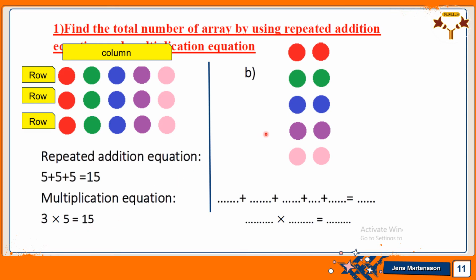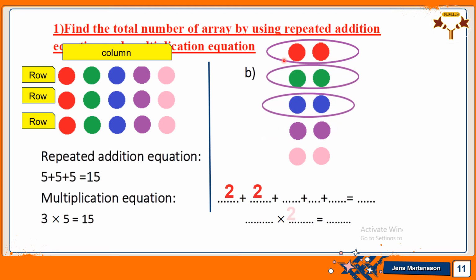Let's solve number B. Here we have how many rows? Here we have a row of 2 and another row of 2, another row of 2, another row of 2, another row of 2.